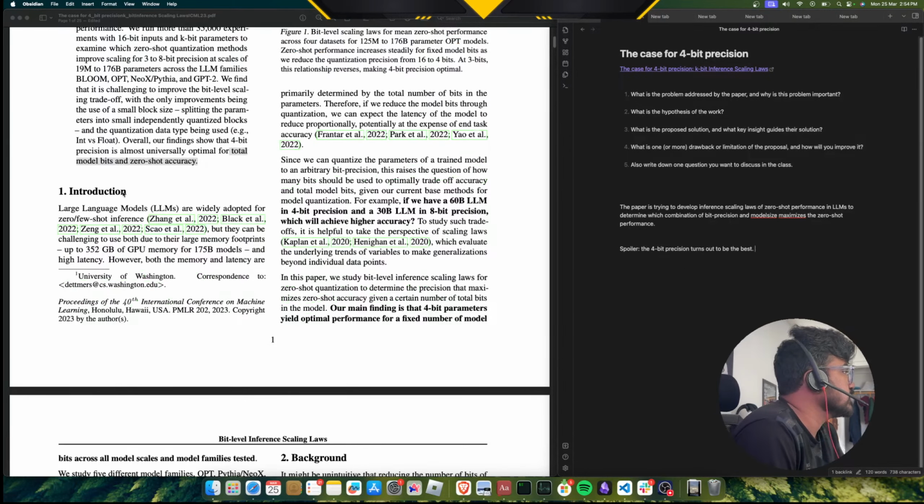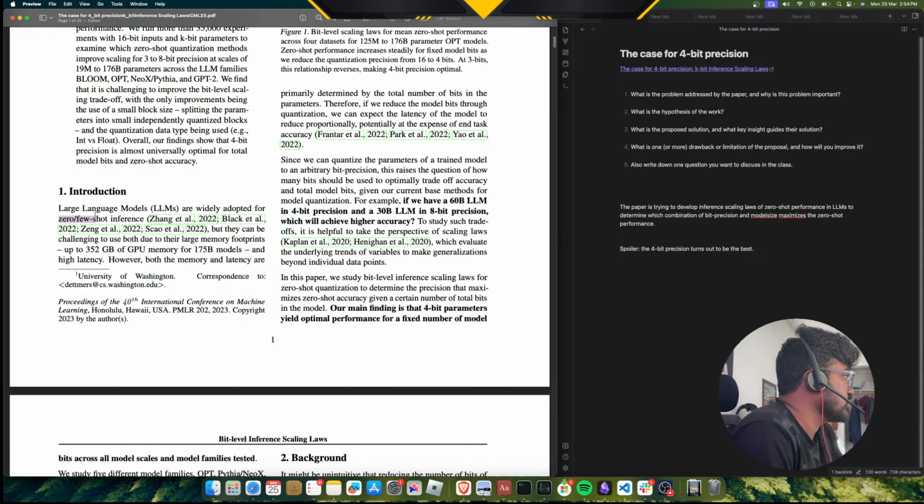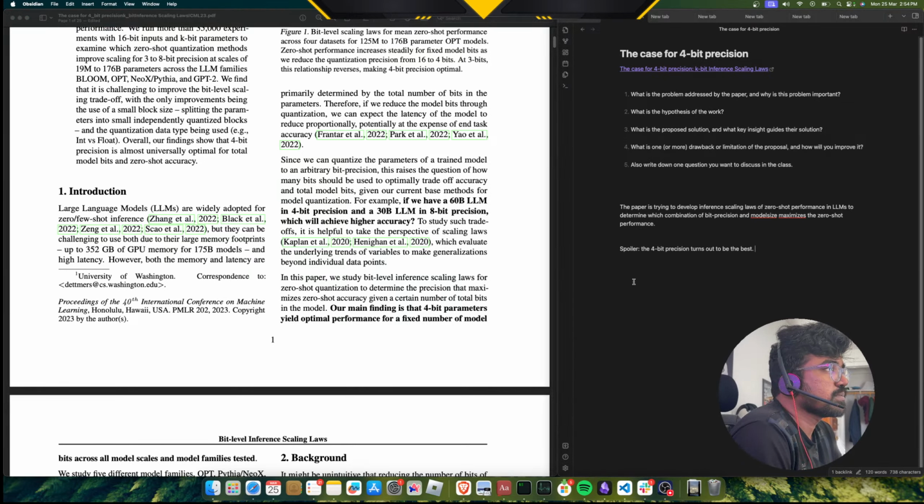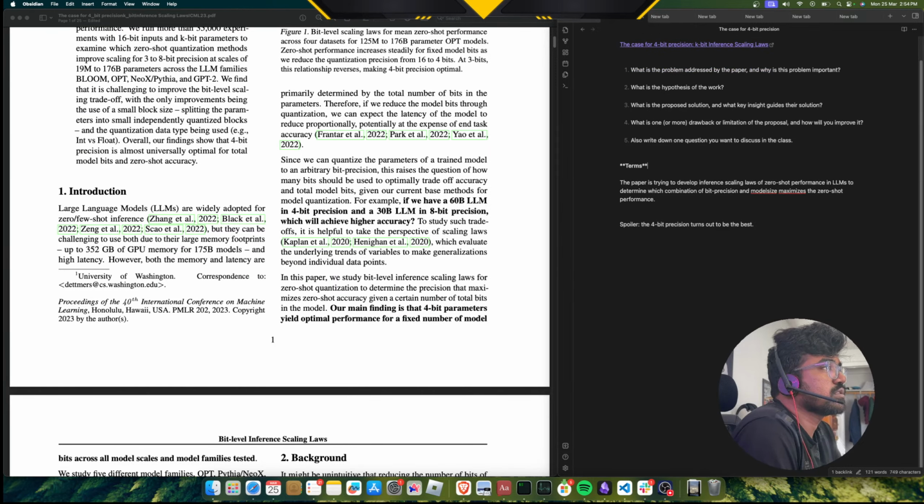So the introduction says large language models are widely adopted for few shot inference. Okay, let's see what zero shot is.